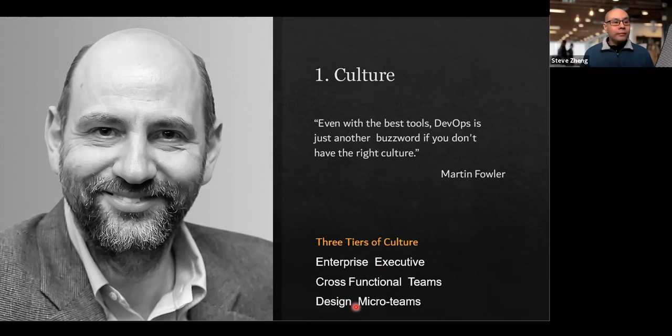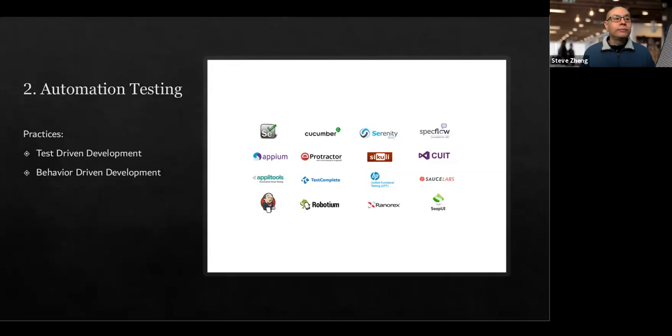Okay. By the way, two courses of the DevOps Institute, DevOps Foundation and DevOps Leader, will give you more detail about the three tiers of the culture. Okay, that is the first and most important part, culture.